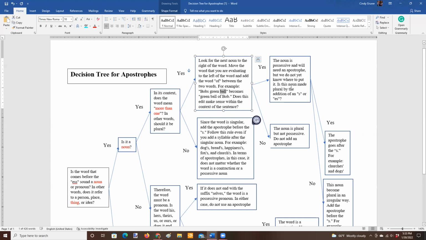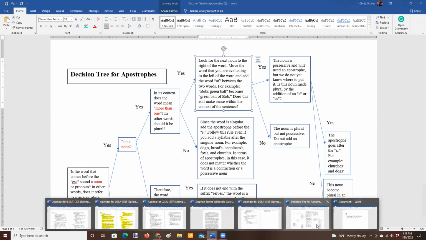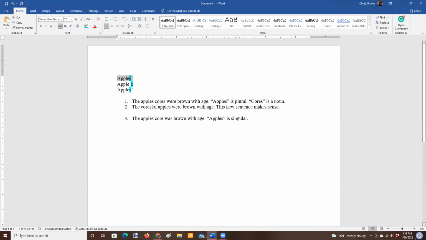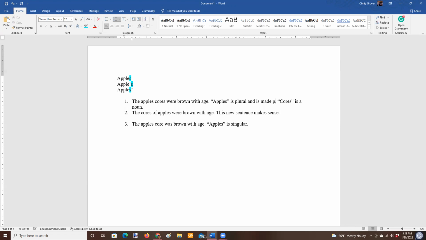Is this noun made plural by the addition of S or ES? So how do we make the word apple plural? Well, we add an S, so it's plural. I'm just going to say it is made plural by adding S, right?